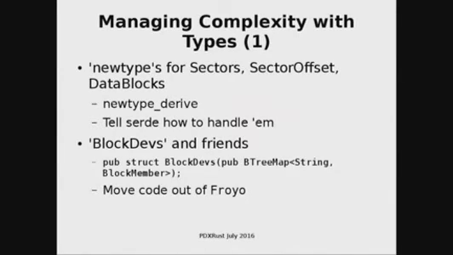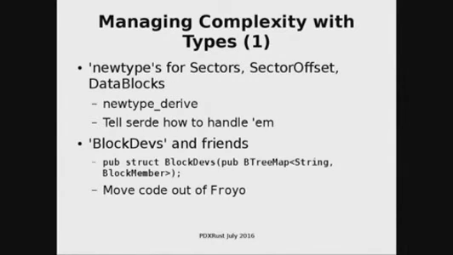Those could all be represented as unsigned 64, as U64, but we want to be very careful that we don't make mistakes, because if you get a calculation wrong, then horrible things happen. You could be referring to things in terms of bytes, or what's more common with block devices is you refer to things in terms of sectors, which is 512 byte blocks.